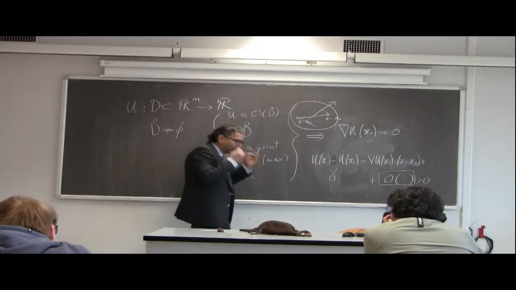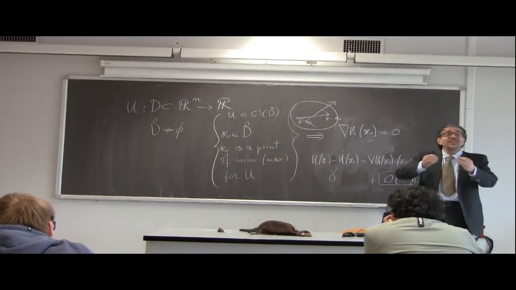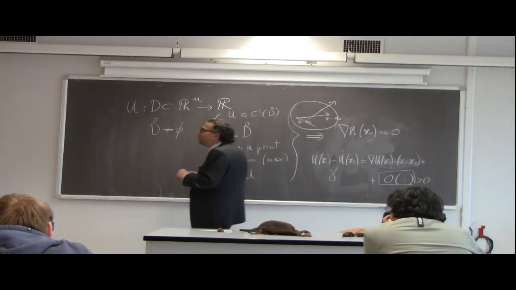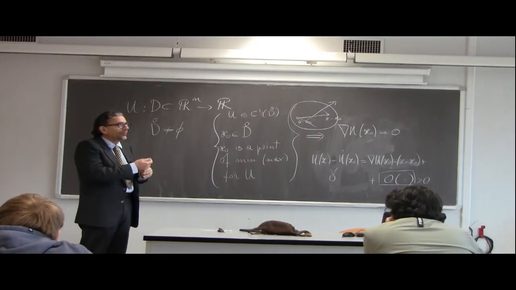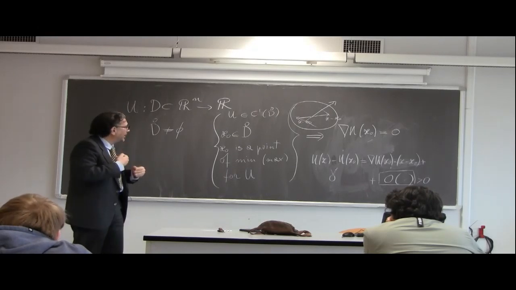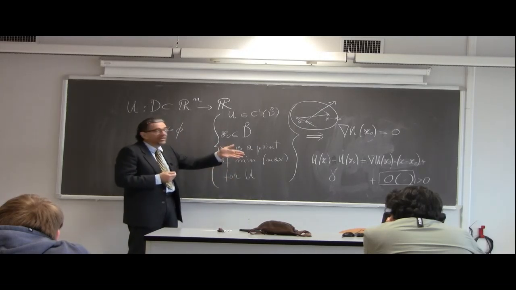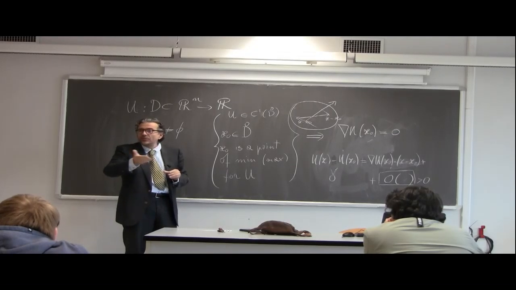It is not possible in a minimum or a maximum, which is in the interior of the domain, to have a non-vanishing gradient. So, if x0 is minimum or maximum for u, then the gradient of u must be 0. There are bad points in which the gradient is 0, but these points are neither maximum nor minimum.